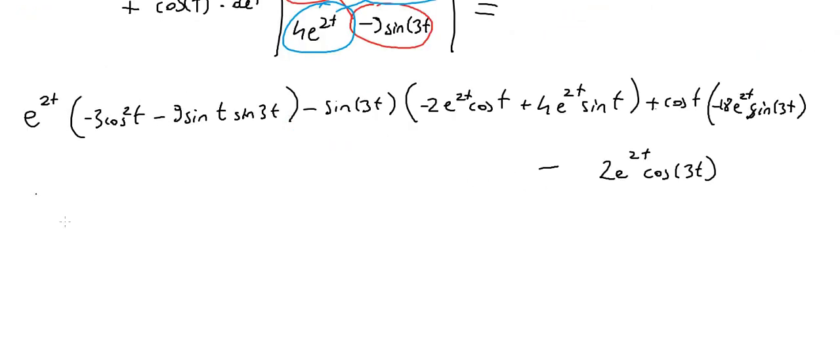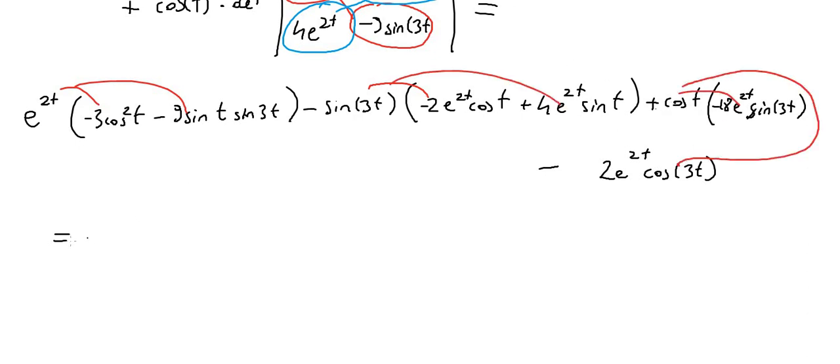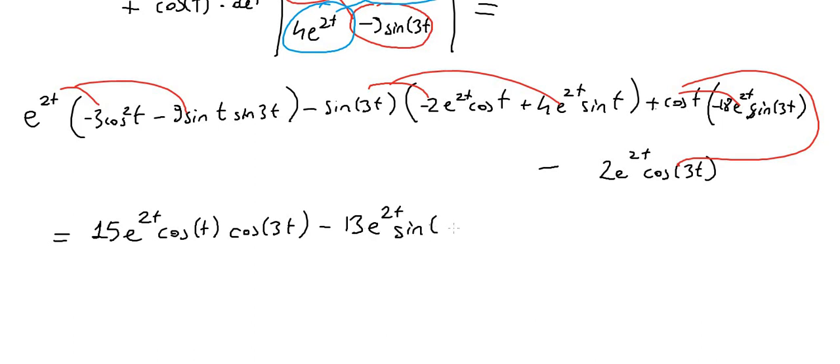And after this, if you distribute inside and clean up, you obtain 15e to the 2t cosine t cosine of 3t, minus 13e to the 2t sine t sine of 3t, minus 16e to the 2t cosine t sine of 3t as your final answer.